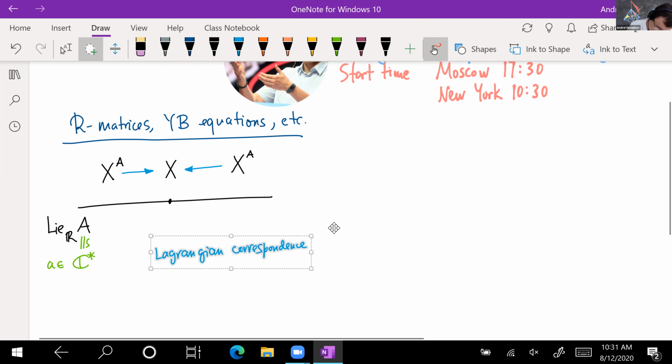And the way to picture this, you can draw: we have a point in the two-dimensional torus, which you can think of as a pair of points, so we have a point A1 and A2. Something special happens when they're equal.